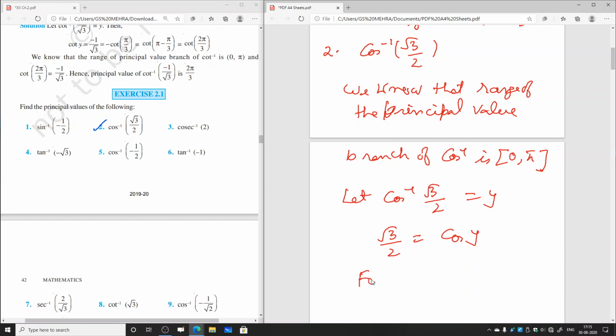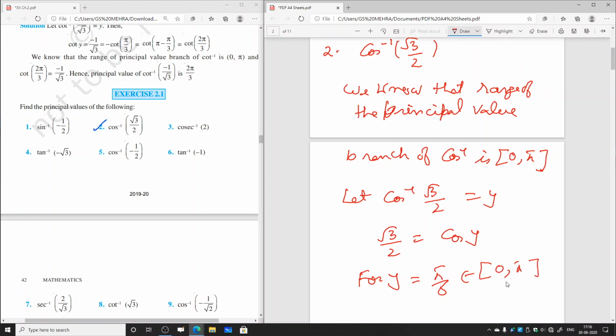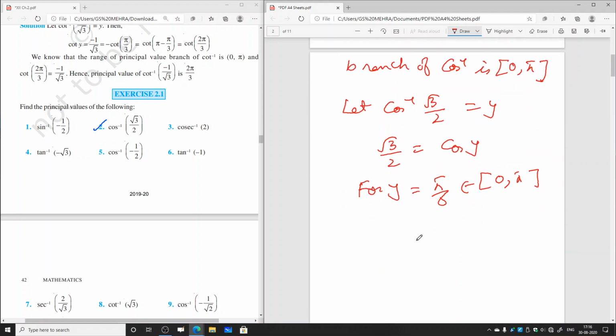For y equal to pi by 6 belonging to the closed interval 0 to pi, we have cos pi by 6 equal to root 3 by 2.